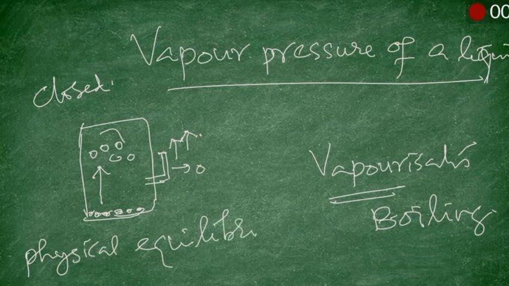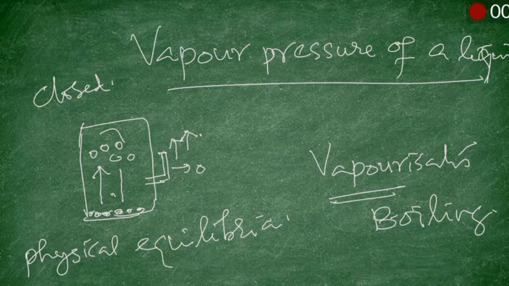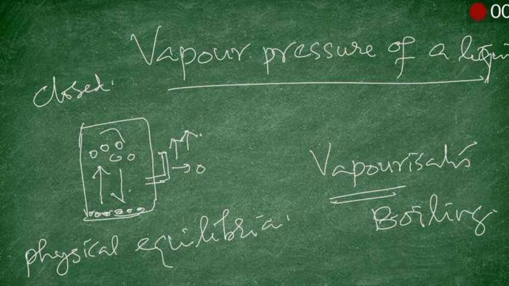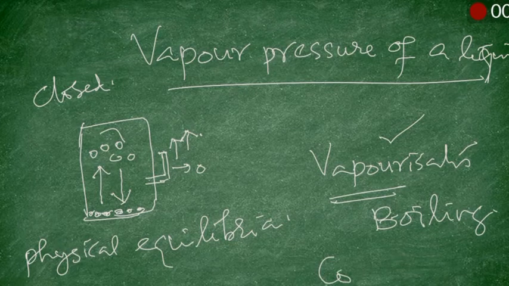The conversion of molecules from the liquid state to the vapor state is what we call vaporization. But when it happens in the opposite direction, we call it condensation. So we wanted to discuss what that vapor pressure is.